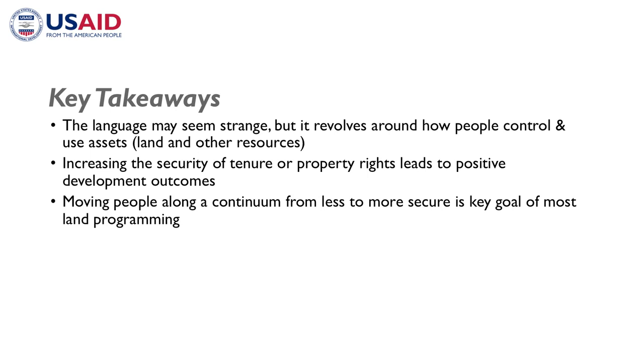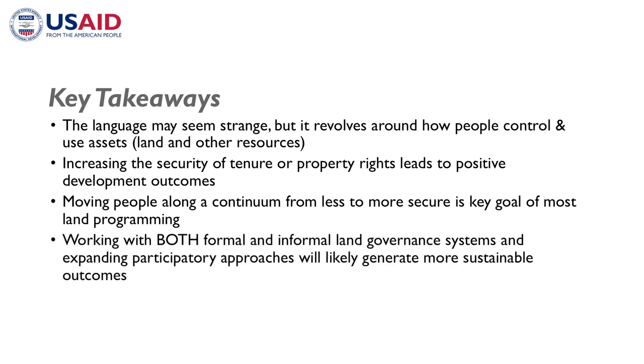This process of moving people from insecure to a more secure environment can happen within the formal system, absolutely, but it also can happen in the customary system by recognizing the ability of that system to govern the people who exist within that system. So for formal states to recognize customary land governance systems and allow them to continue to operate the way they've been operating for centuries in many cases, can provide some additional security to people in those environments.